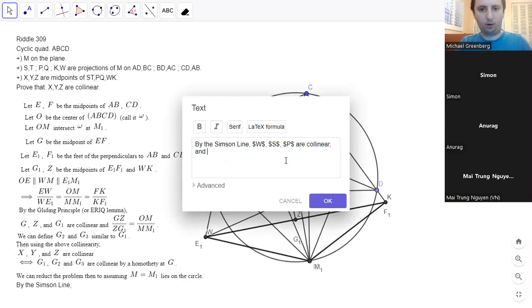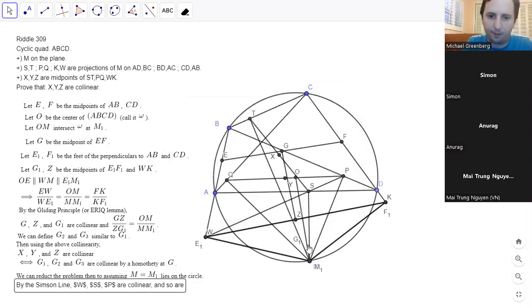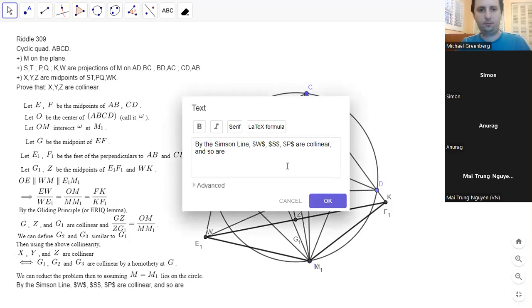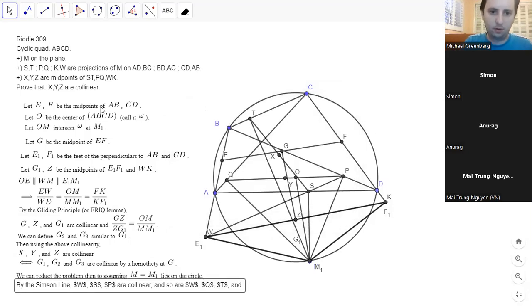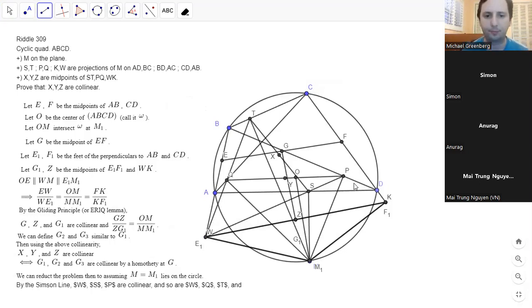And so are, let's see, if we do triangle ABC, then we have Q, W, and T. And then we also have, so then if you do BCD, you have T, P, and K.